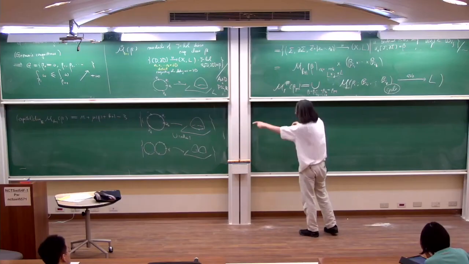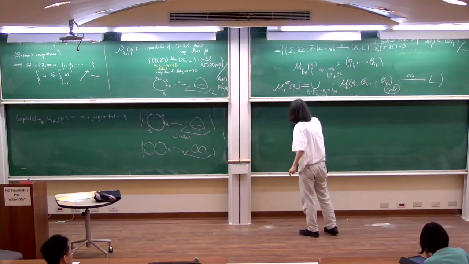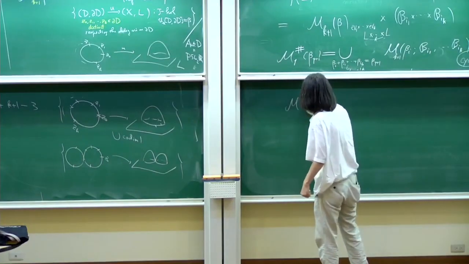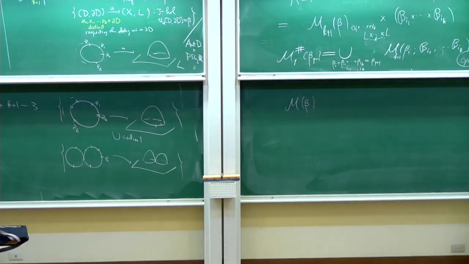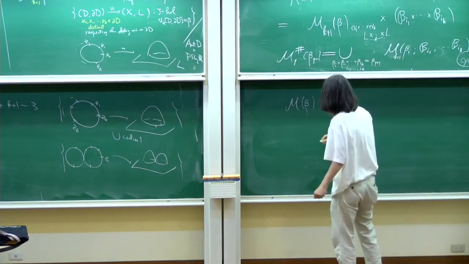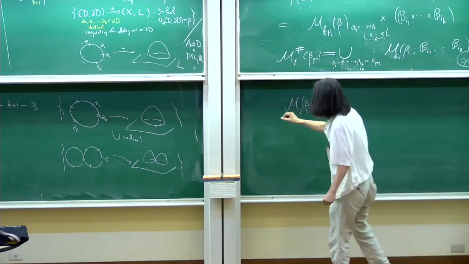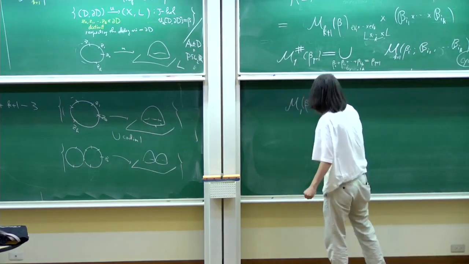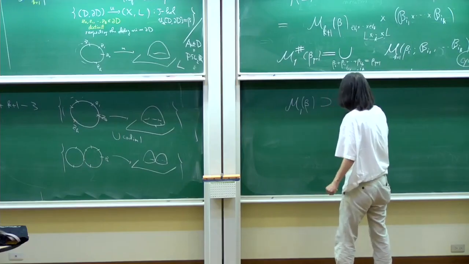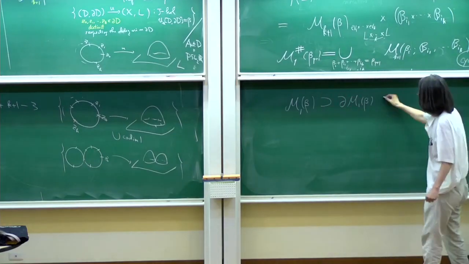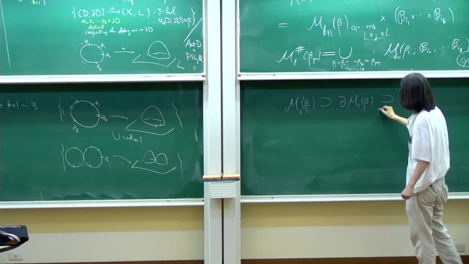Let's suppose that in this picture I have beta here, and then I have a moduli space of stable, maybe just a holomorphic disk of class beta, and then maybe I put one marked point here. And then one of the boundary, so it contains a certain boundary of this, right? And then some component, the part of the boundary.